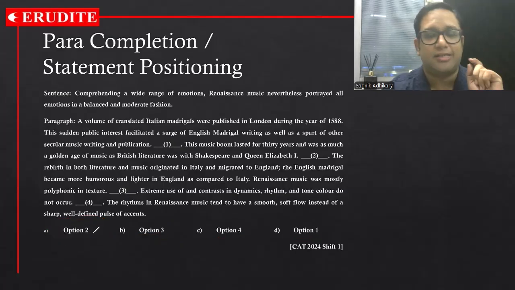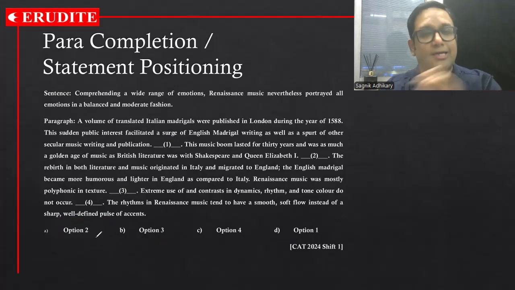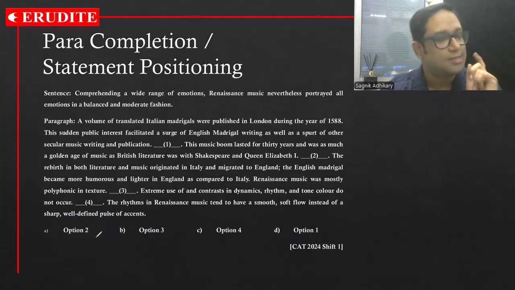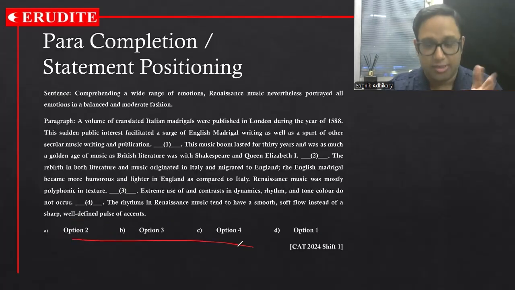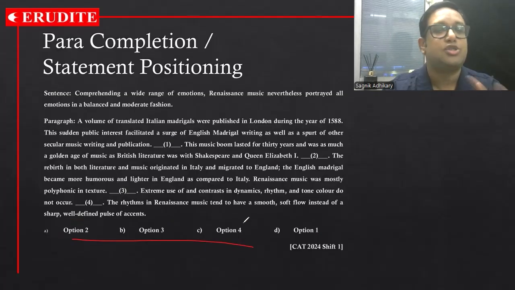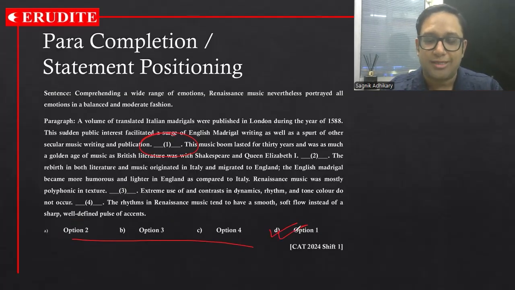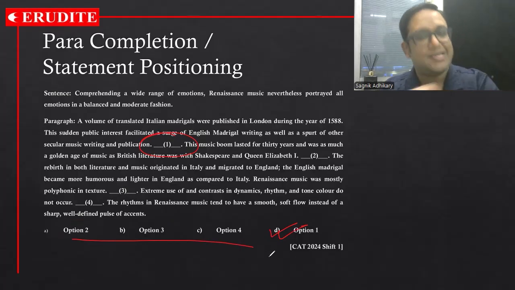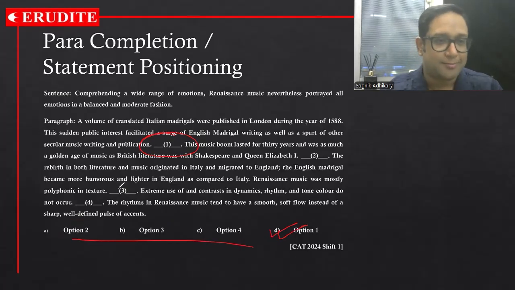The first year when this featured, it was not so. It was option 1, 2, 3, 4. Since then, they've been jumbling these. So we should be cautious about which blank we are talking about, and accordingly which option would be the answer. But remember, the word option refers to blank. So if blank 1 were to be the answer, we would select option D, which says option 1 refers to blank 1.